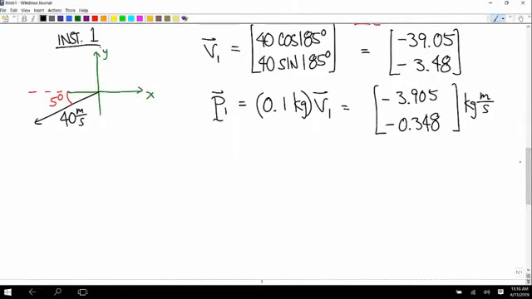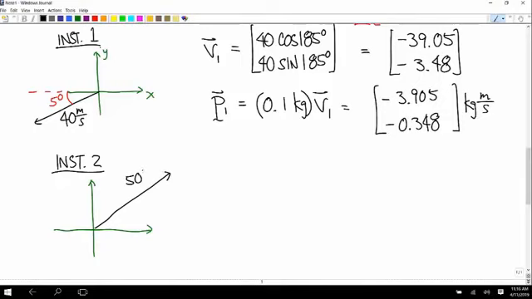Okay, so that's the momentum at instant 1. And then at instant 2, our velocity vector is 50 meters per second. The angle here is 30 degrees.